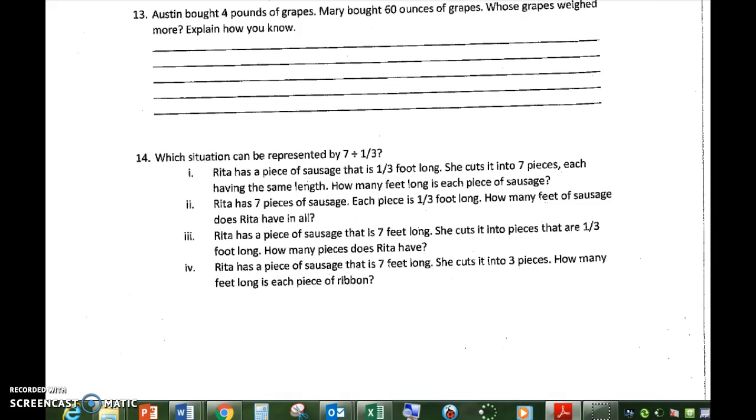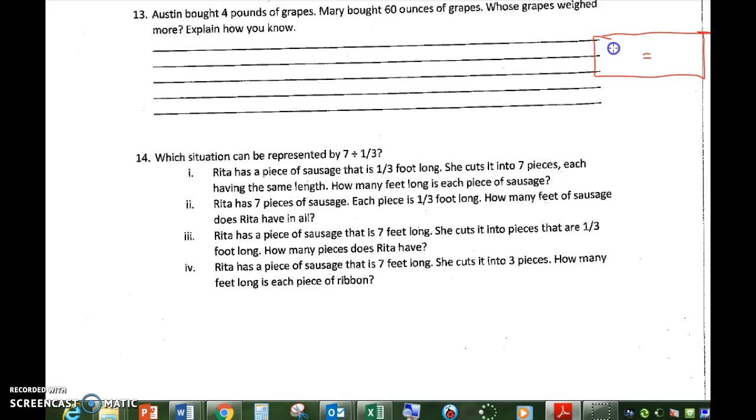Number 13, Austin bought 4 pounds of grapes. Mary bought 16 ounces of grapes. Whose grapes weighed more? Explain how you know. Alright, this is the kind of problem where you will have, like when you do a test, like a PSSA or something like that, there will be like an equivalency.